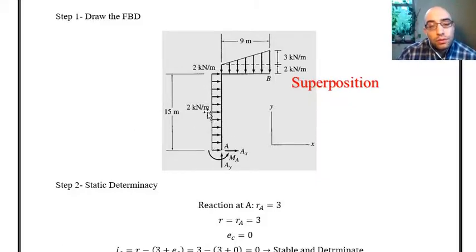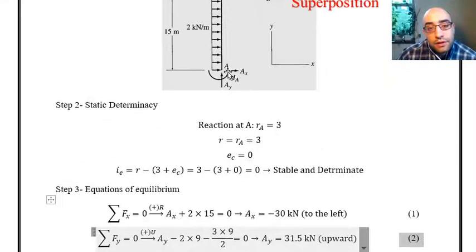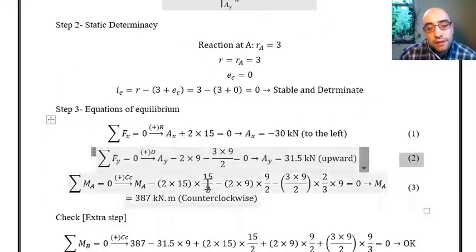So we can say 2 multiplied by 15, that will be the force representing this uniform load, and the distance will be 15 divided by 2. And the sign of this moment is negative. It is negative because the moment that this is causing about point A is clockwise. So minus 2 by 15 multiplied by the distance from that force to the point that we are considering, which is point A, that is 15 divided by 2.